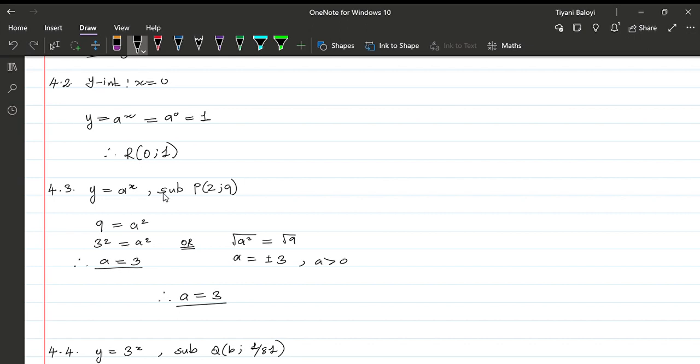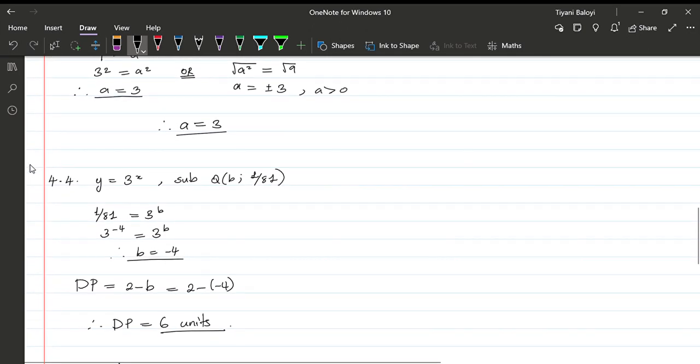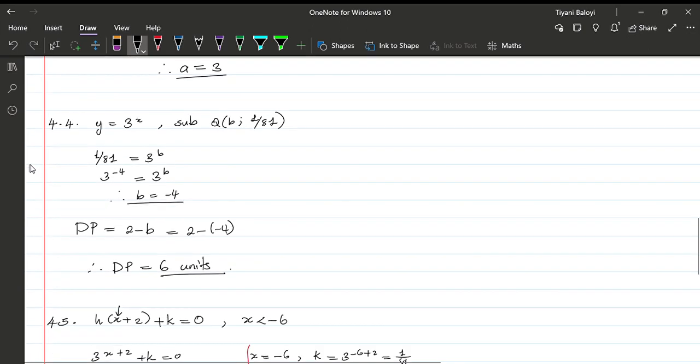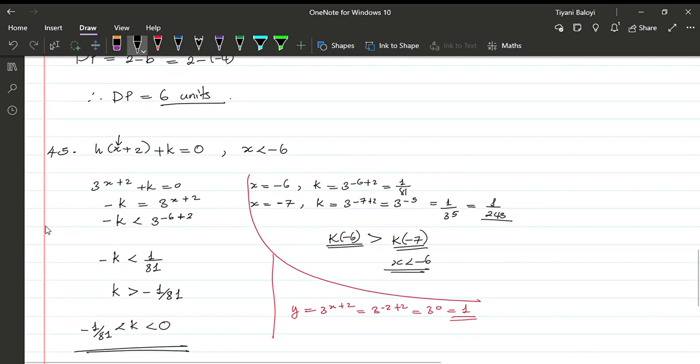Anything to the power 0 is 1, there are no exceptions. We were asked to determine a, and we found a to be 3. We determined the distance DP, and then we looked at 4.5. We went there to find the values of k for which your roots or x values will be less than -6. And then we did these calculations. We found that your k values will be between 0 and -1/81.